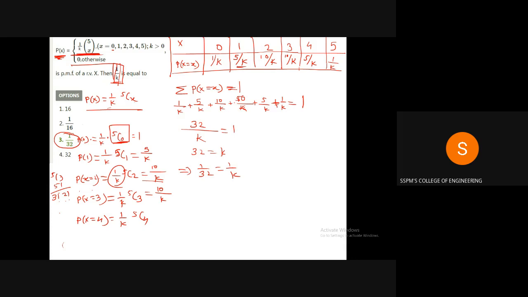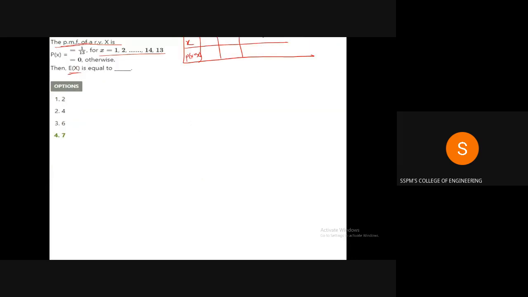If you draw the table, all the probabilities are 1 by 13. They do not depend on the value of x. They are always 1 by 13.